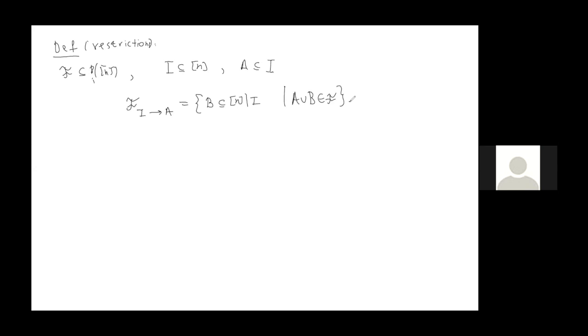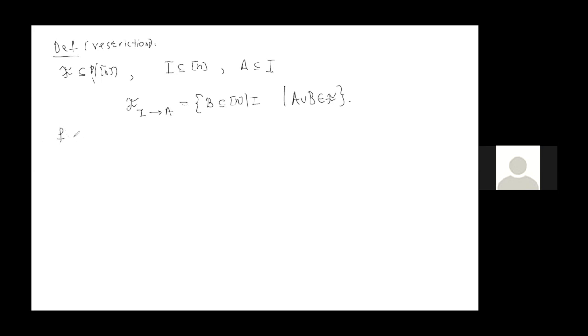Okay, so you prefer restrictions on Boolean functions. This is just where you set the variables in I to 0 or 1, depending on whether they are in A or not, and leave all the other variables free. Exactly. So before we see an example, let us say what we are saying.